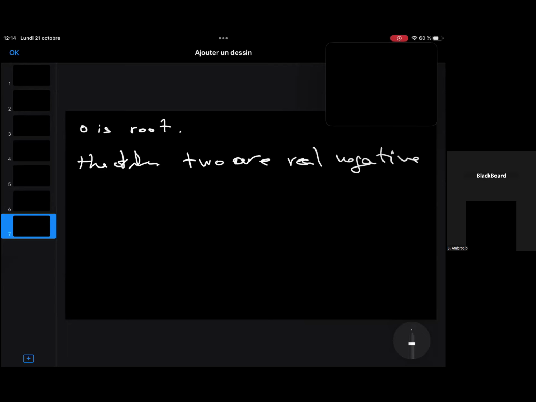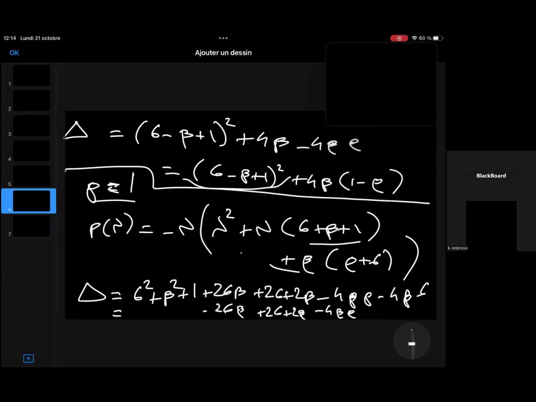This comes from the computation here, because the roots will be minus this quantity plus minus square root of that square minus 4 times this quantity, which is positive. So I will get 3 eigenvalues. One is 0 and the two others are negative.